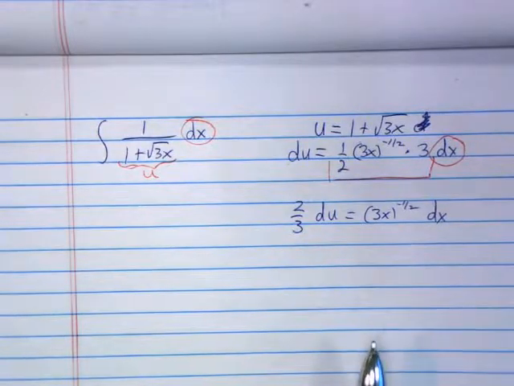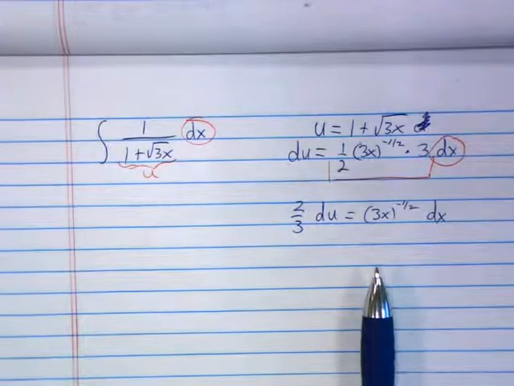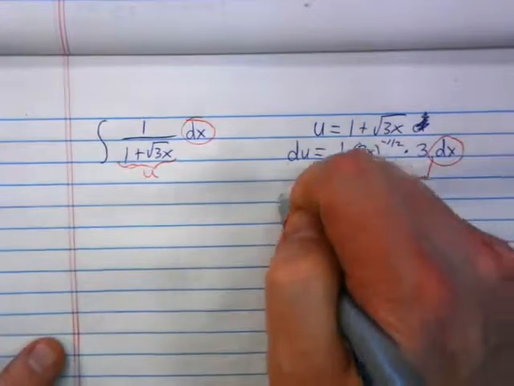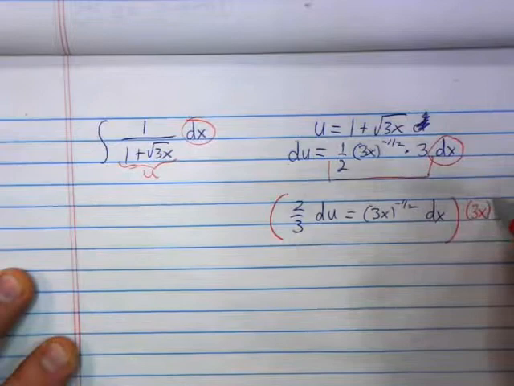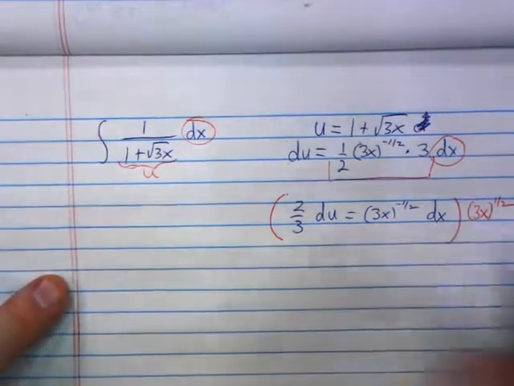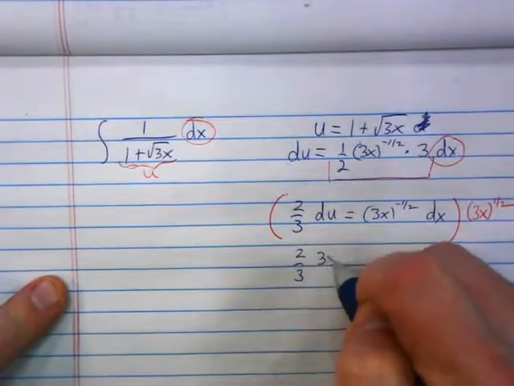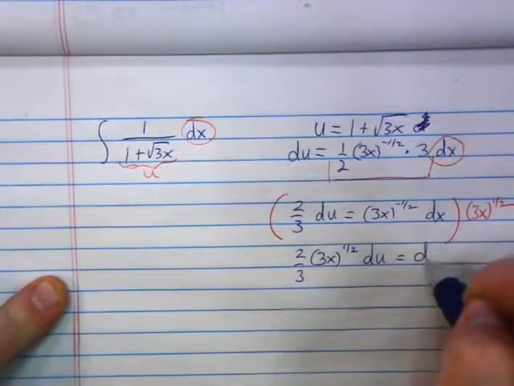So how do I get rid of something that's on bottom already? Multiply it. So I'm going to multiply everything by 3x to the 1/2, and that'll get rid of that 3x to the negative 1/2. So that gives me 2/3 (3x) to the 1/2 du equals dx.